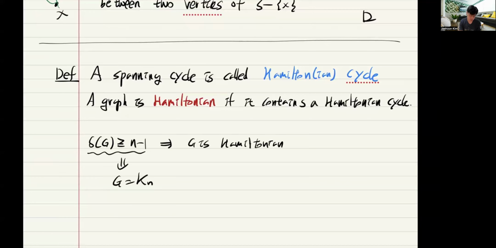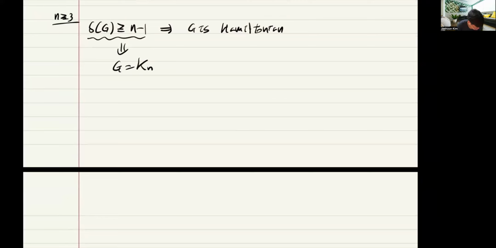So, n at least 3. That's too strong. In fact, a much weaker condition than this already guarantees that G is Hamiltonian. So that is Dirac's theorem.